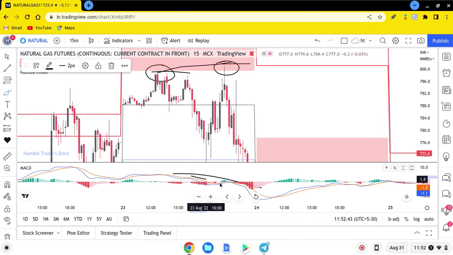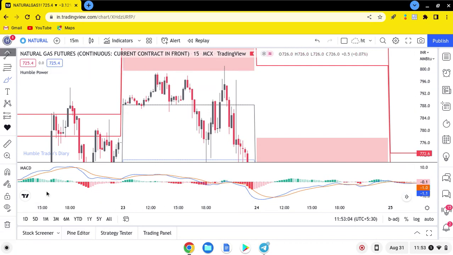So the MACD is indicating the price is moving downwards, but we are seeing that the price is moving upwards. That is the divergence. When MACD indicates one thing and price goes a different way, that is a divergence. In this case, this was a bearish divergence. Now in bearish divergence, what do we do? We look for sell entry.